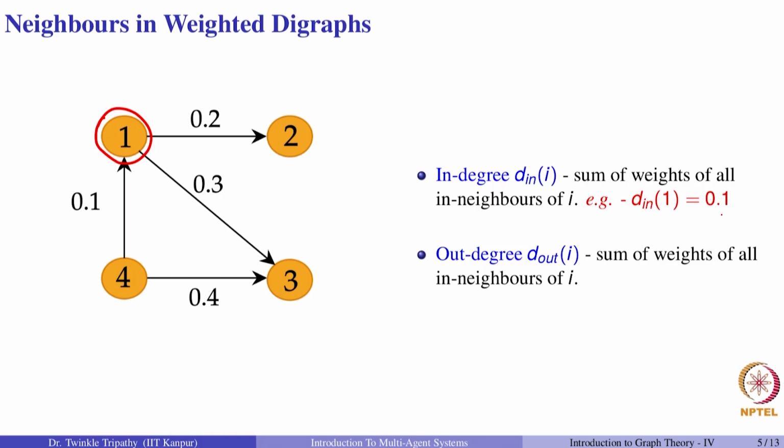So, instead of this being equal to 1, we will write here the weight of that particular edge. Similarly, the notion of out degree becomes the sum of weights of all of the out neighbors of I. Again, if we look at node 1, we see that it has two outgoing edges with weights 0.2 and 0.5. Hence, D out is equal to 0.5.